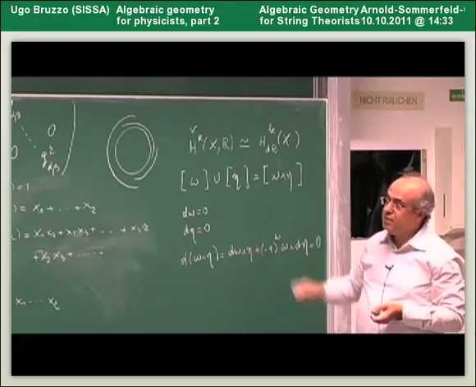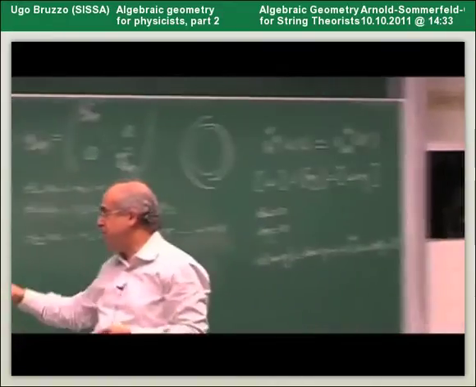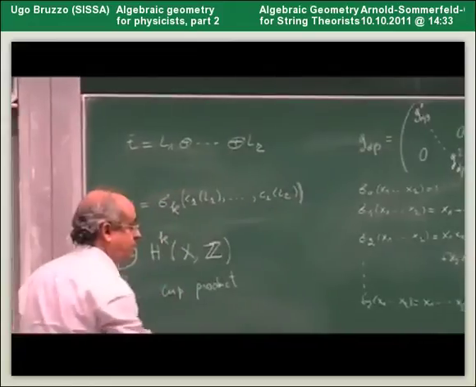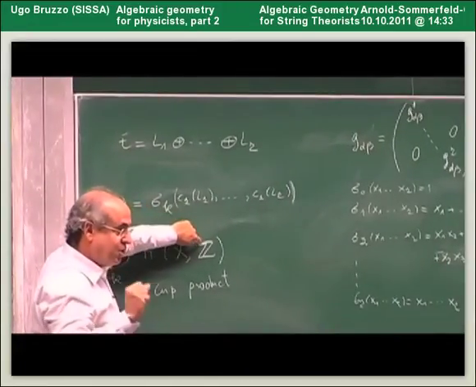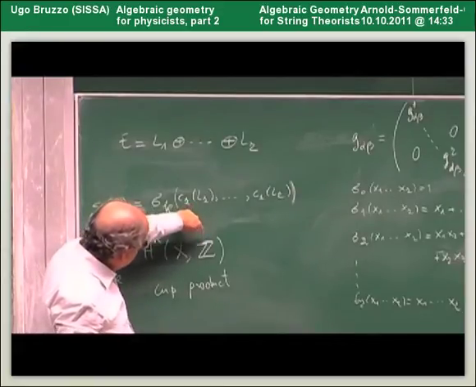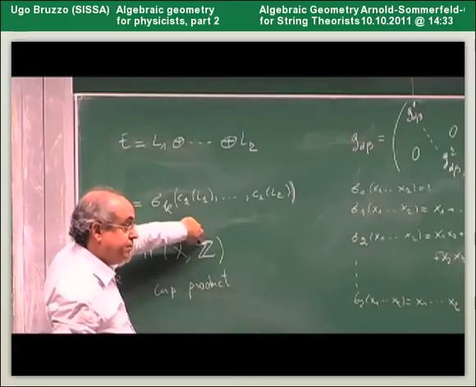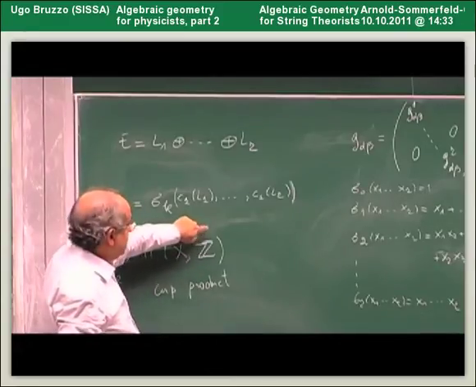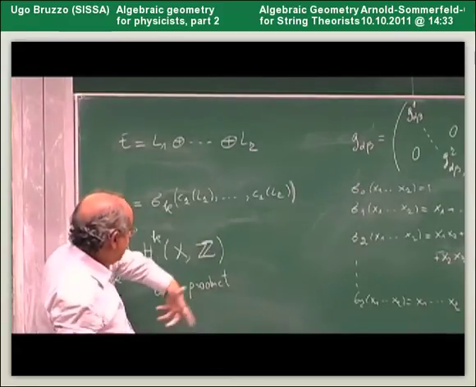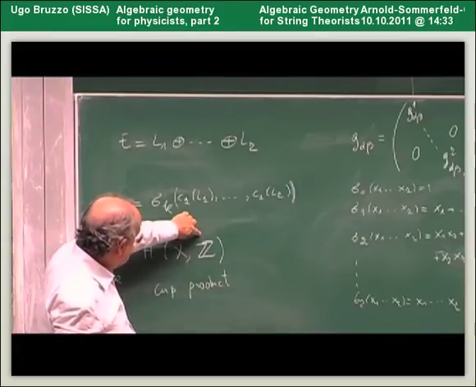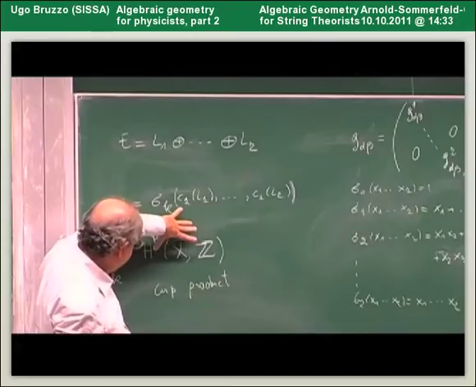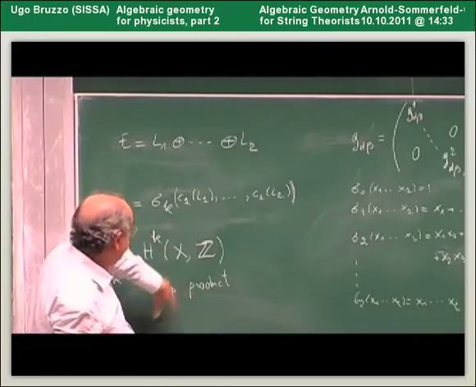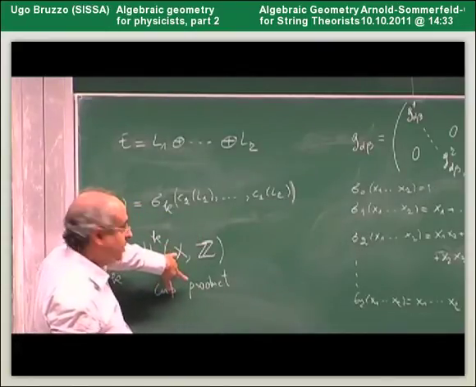And what I'm saying is that you can do the same with integer coefficients. Actually, you can do more than this, but just to keep it simple, you can do that whenever you have a ring here. Then the multiplicative structure is inherited by the cohomology ring of a cohomology group. So you have a cup product, in particular in this space.